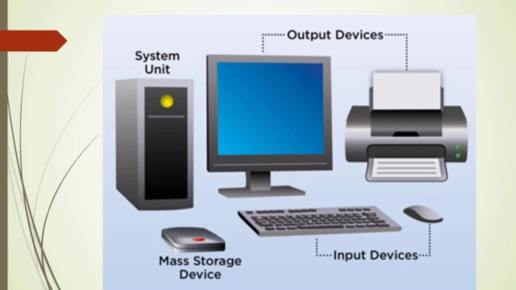In the right corner there is a printer, which is an output device. And in the center there is a screen, which is also an output device. Under the screen there are a keyboard and mouse, which are input devices. Dear friends, all the above components are hardware.